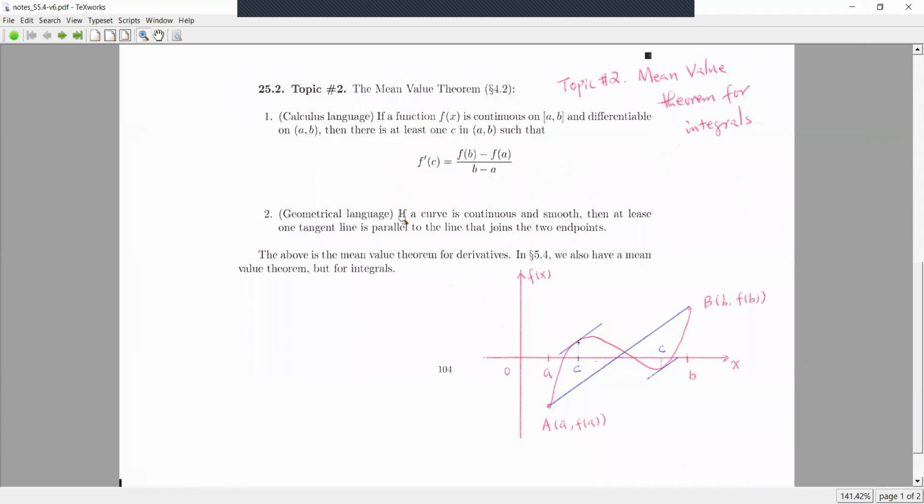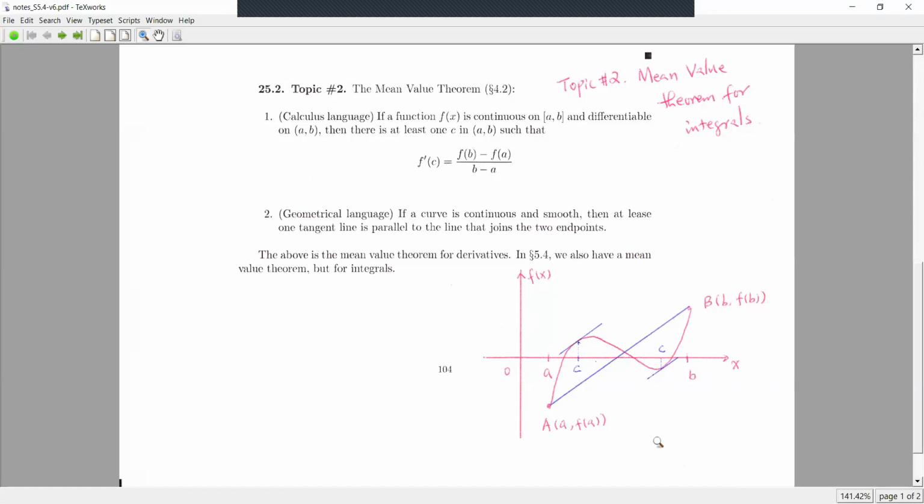Essentially, the theorem says that if a curve is continuous and smooth, smooth means the curve has no corner, then at least one tangent line is parallel to the line that joins the two endpoints of the curve.